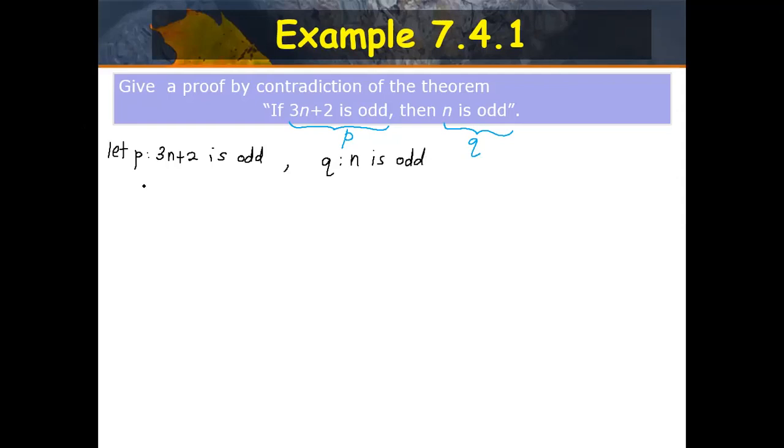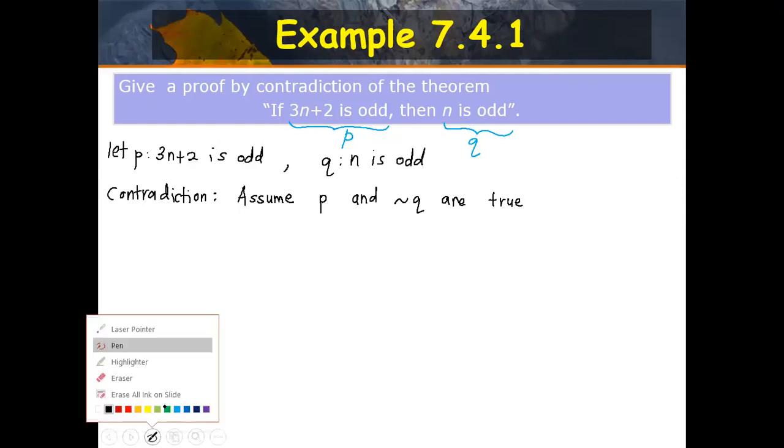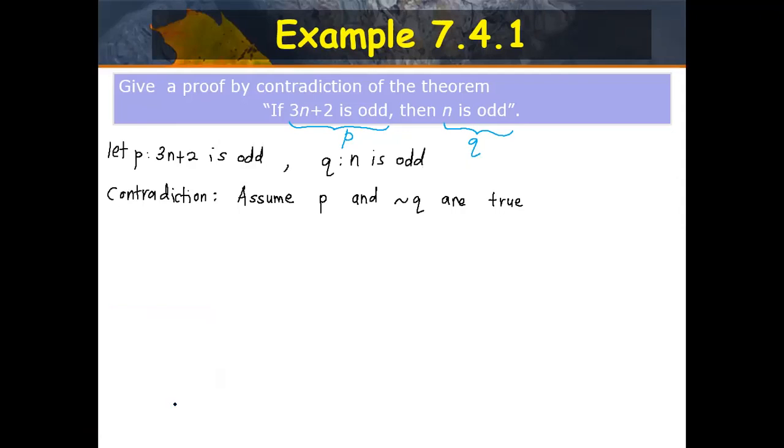Then, contradictionnya apa? Contradictionnya adalah, we assume P and not Q are true. Okay, what is P? P is 3n plus 2 is odd.